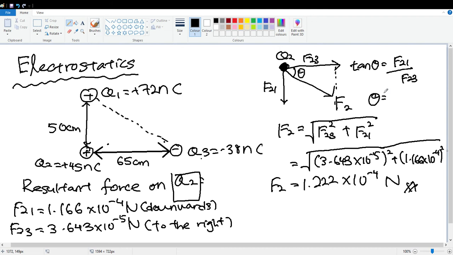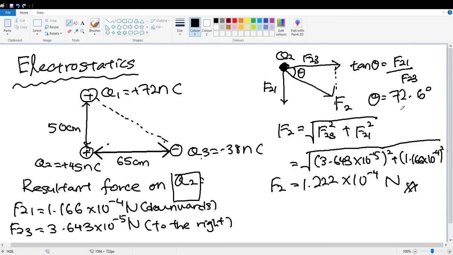What I get for the final answer basically is 72.6 degrees. So I directly skipped the substitution part, but the substitution part is actually necessary.